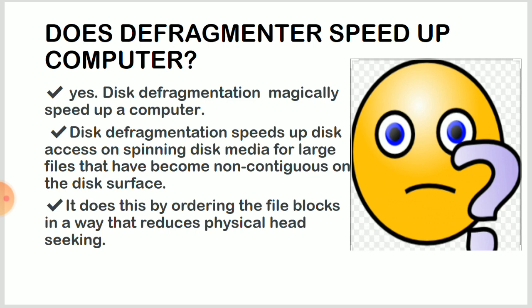It does this by ordering the file blocks in a way that reduces physical head seeking. The second and third points are some of the uses of defragmentation. While using defragmentation, it speeds up the disk. These are some of the features mainly used for a defragmenter.